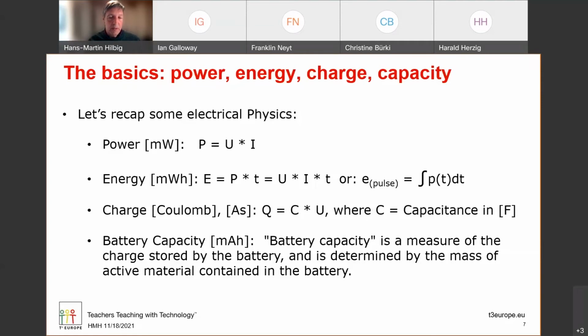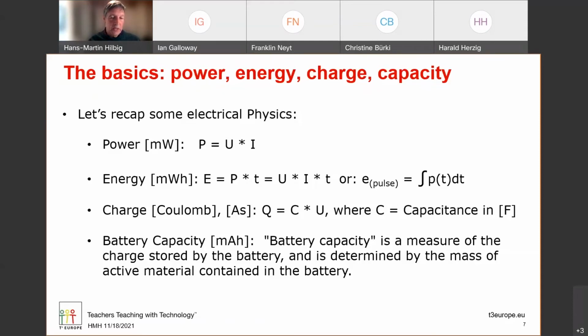This is something very important to remember, because we now have a couple more choices, right? We can adjust the power that is consumed, but we can also adjust the time this power is being consumed. And this is basically the trick we use in the bike computer to make the coin cell last for a year.